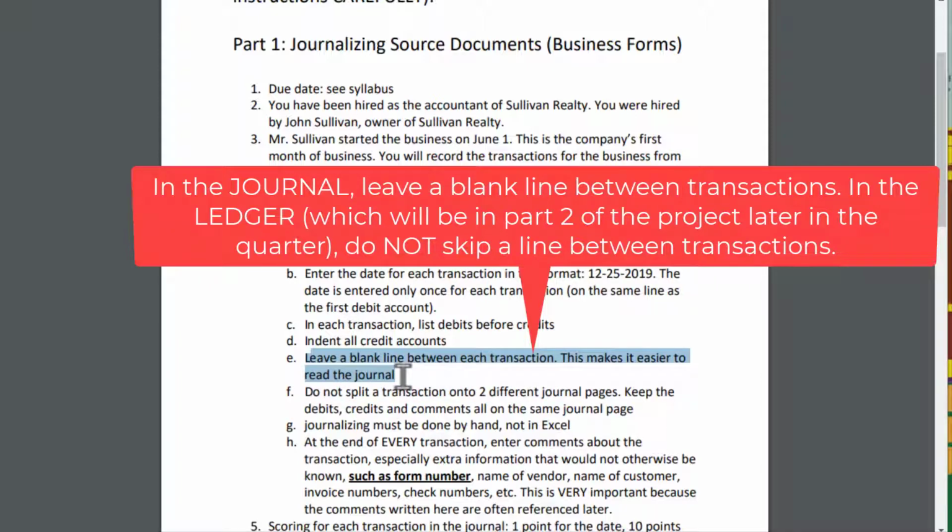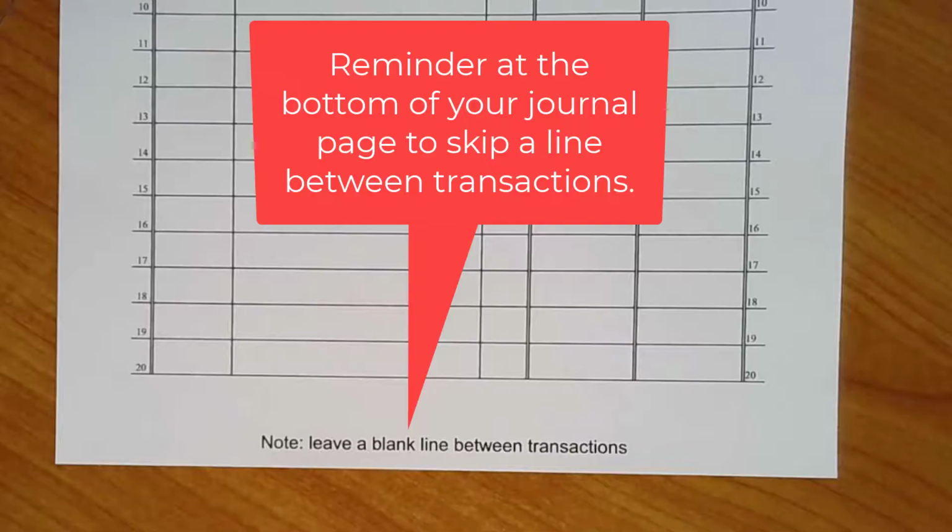Now, if you are careful at taking notes, in the ledger, remember I'm talking about the ledger now, not the journal. In the ledger, you do not skip a line between transactions, but this is the journal. In the journal, you do leave a blank line in between transactions. And I even have a big note at the bottom of the page. It says, note, leave a blank line between transactions.